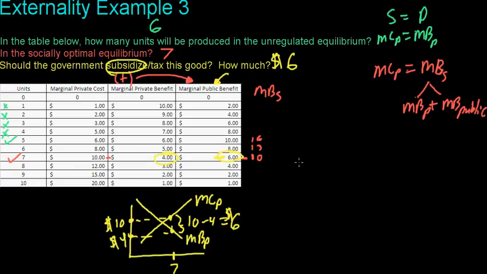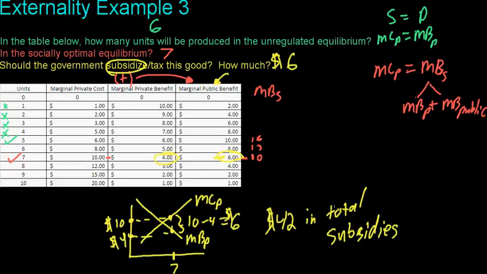So it would spend $42 in total subsidies. But what I was thinking of, when I think of subsidies, I normally think of a per unit, so it should subsidize at $6 per unit.